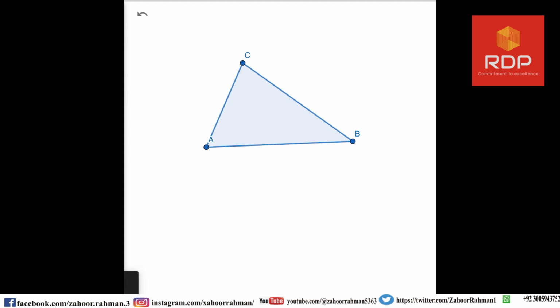First of all, we are drawing three points, and that is A, B, and C. C point is here, and A point is here, and B point is here. Now we have to find the length of these lines.